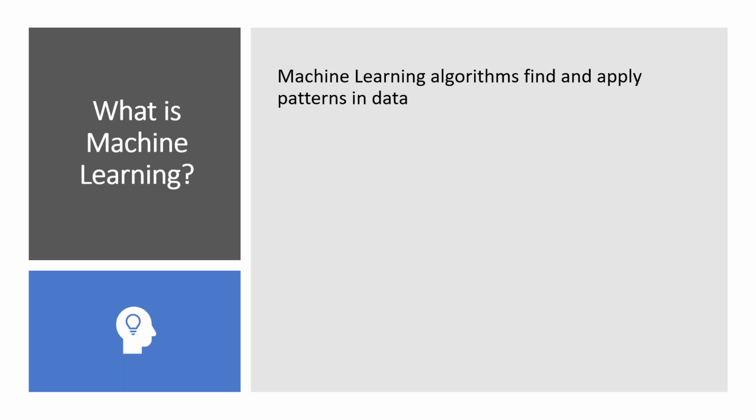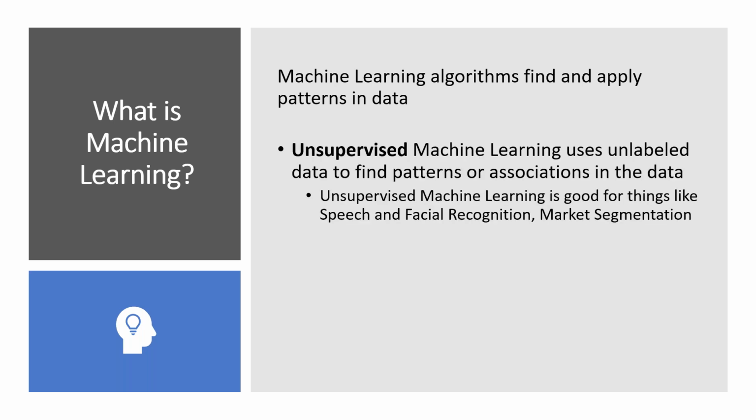But machine learning isn't just one approach or method. It encompasses a wide range of algorithms and approaches. What these algorithms have in common is that they are designed to find and apply patterns in data. There are basically 2 different types of machine learning that you might encounter.